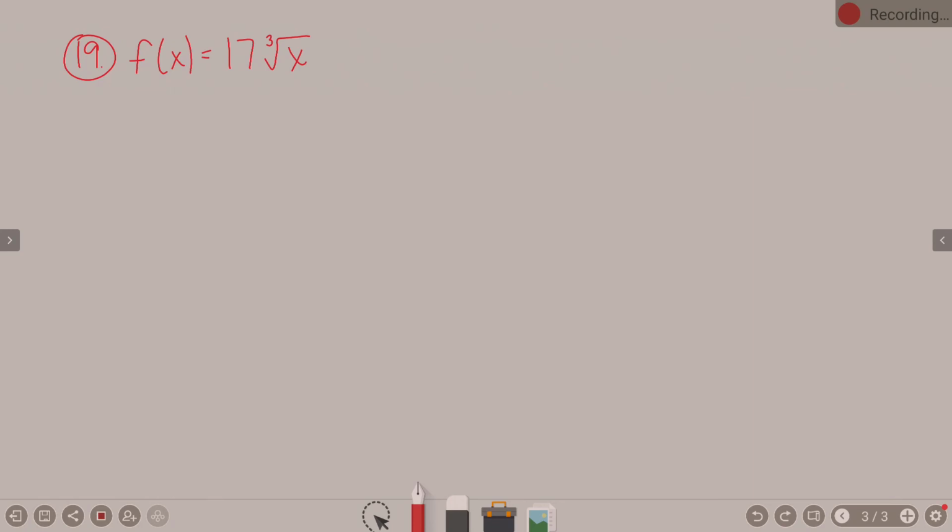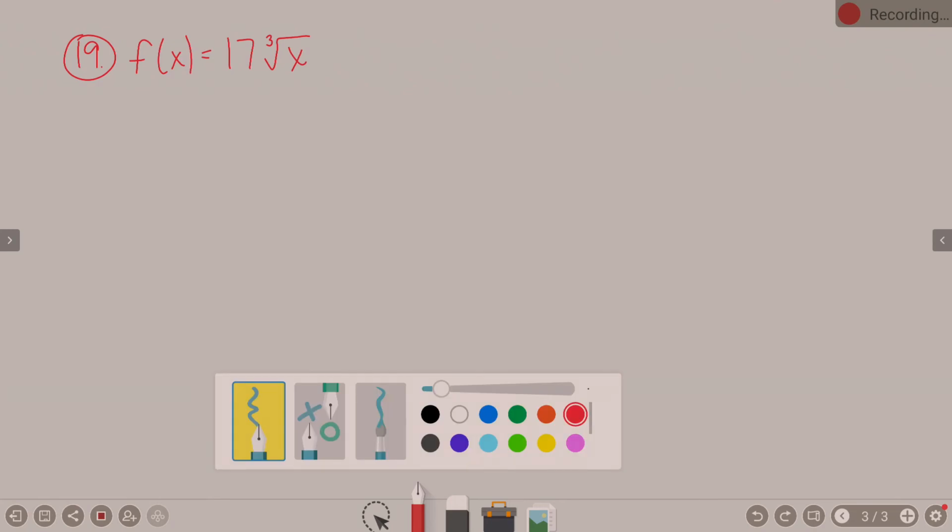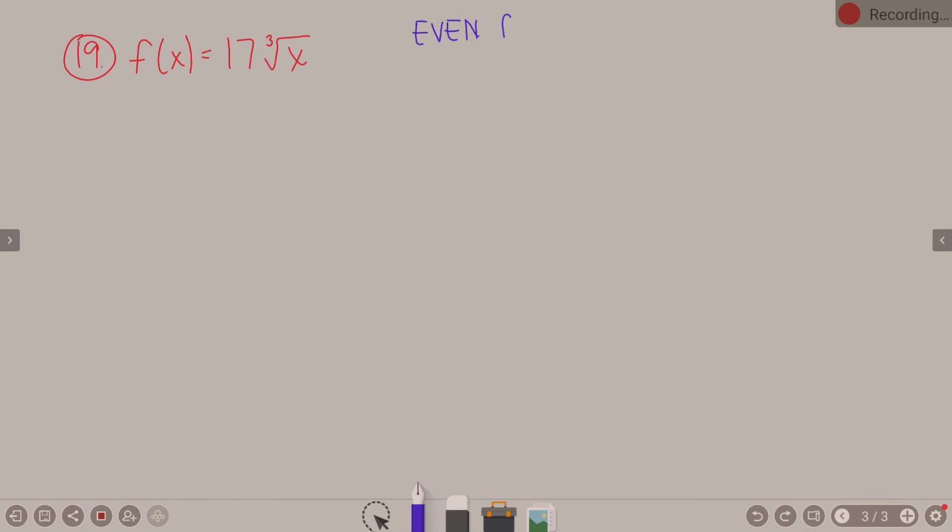Now, as we go through this, do you guys remember the rules here? It's even if what is true? Okay? If it's symmetric across the y-axis, or what's the algebra rule? f of x equals f of negative x. So those are your even options, right?